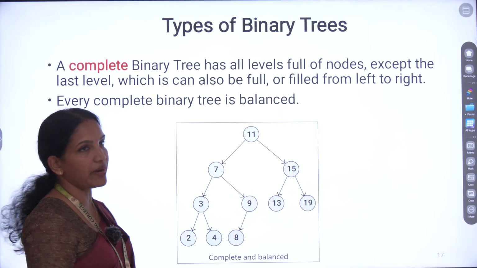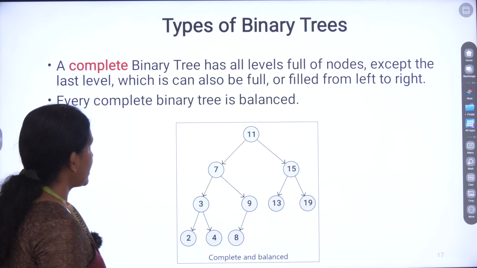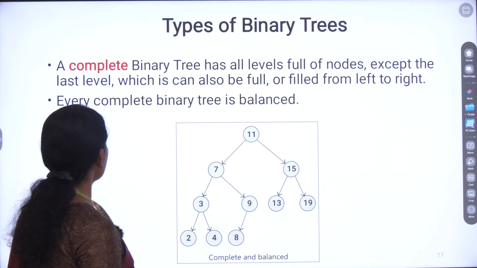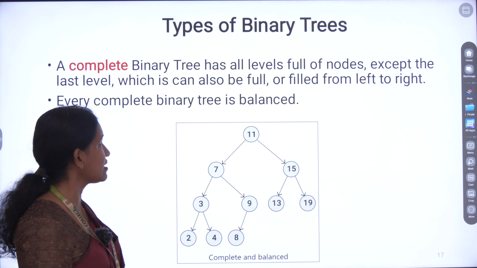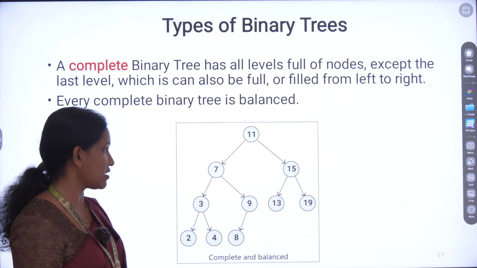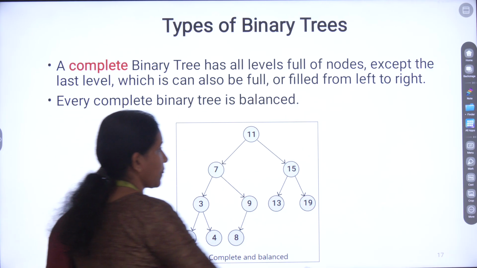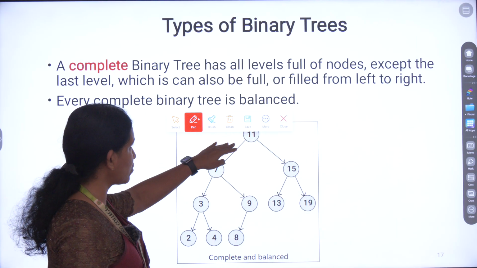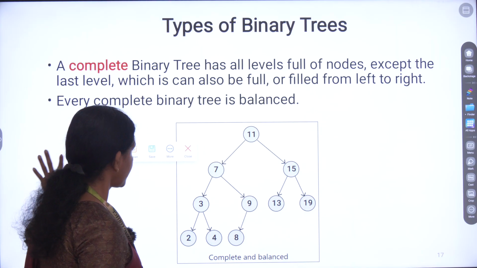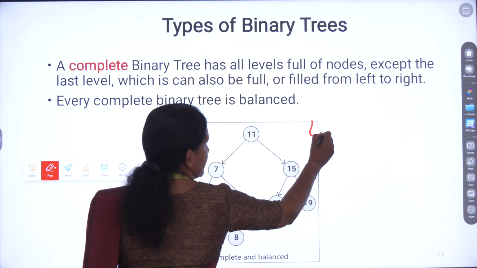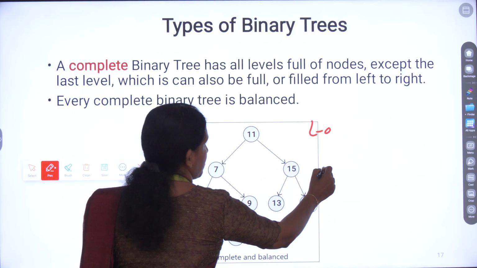Next is a complete binary tree. A complete binary tree is a binary tree that has all levels full of nodes except the last level, which can also be full or filled from left to right. See this example, where 11 is the root node at level 0, and 2 and 3 are at level 1.